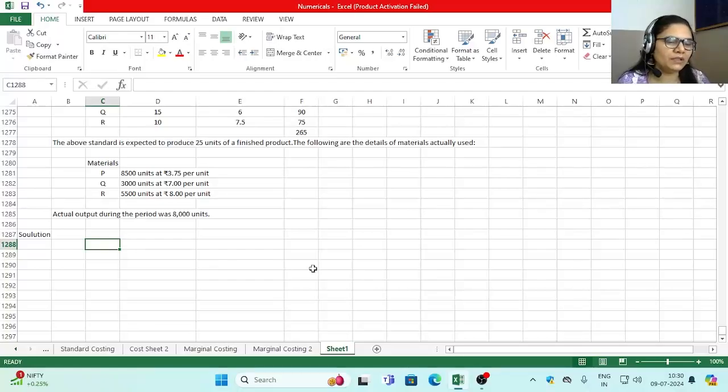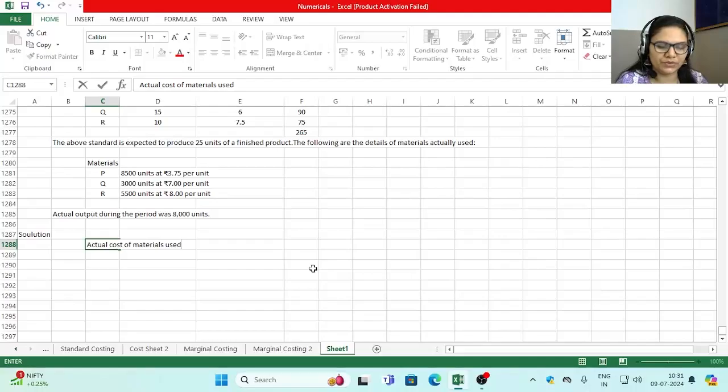First of all, we will calculate all the products which are used in calculation of variances. First is actual cost of materials used, which is AP into AQ. Next, we will calculate AP into AQ for each material.